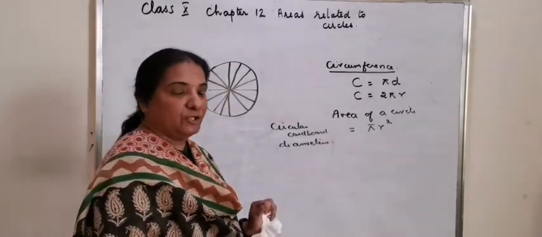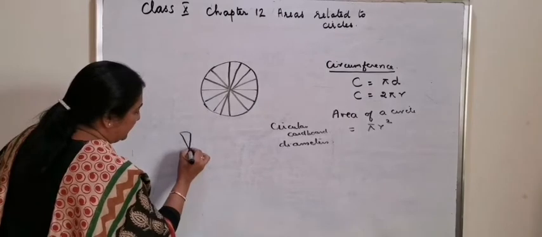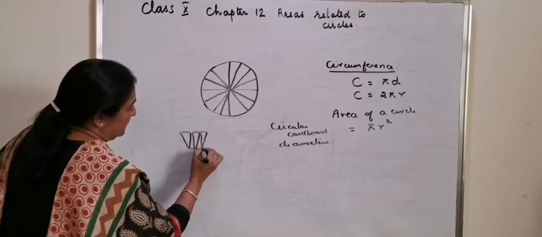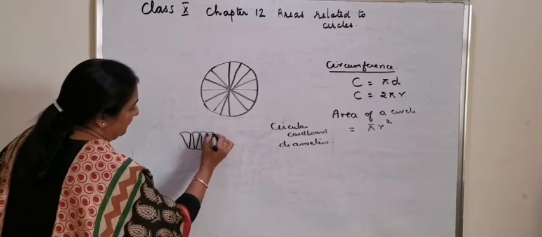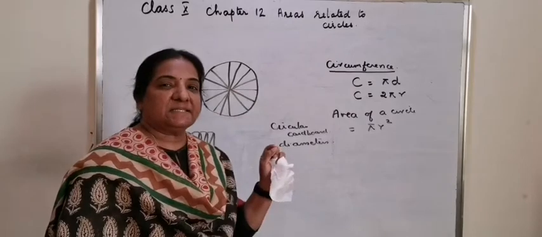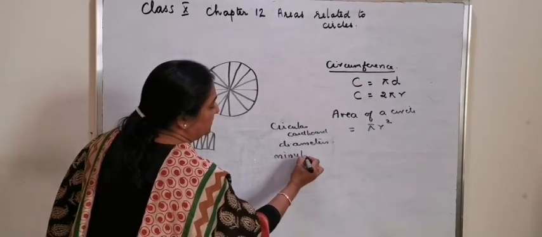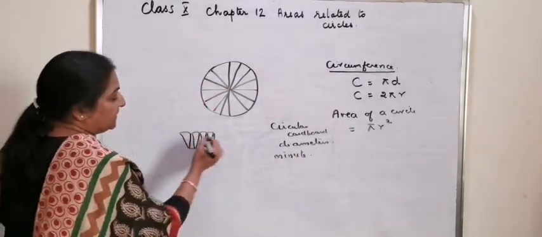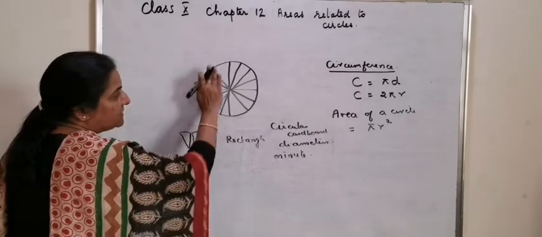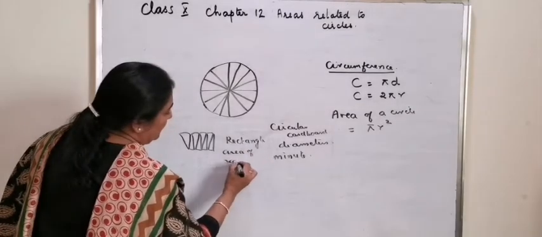If you cut out these pieces and arrange them in the pattern as shown, as the number of pieces increases, or as the cutouts become as minute as possible, you can see the shape as a rectangle, and to find the area of the circle, the area of the rectangle will be taken.